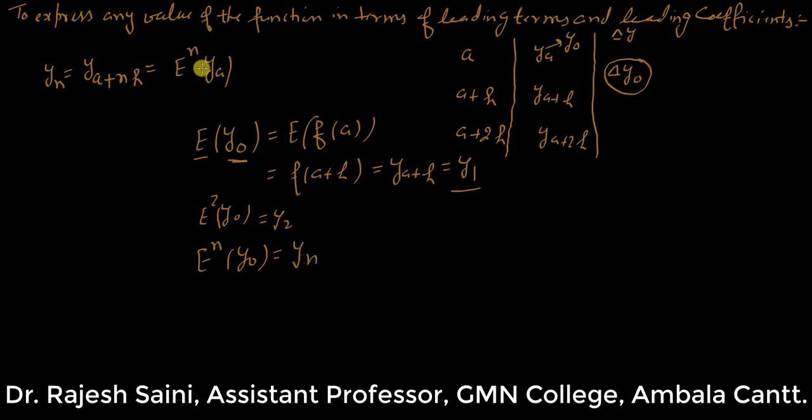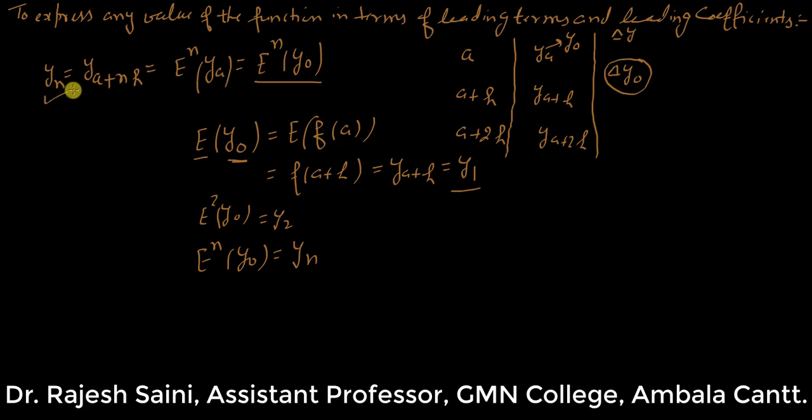So if I apply it upon ya, and the ya term is denoted as y naught, then this will go to yn. This is shifting by the shifting operator n times.